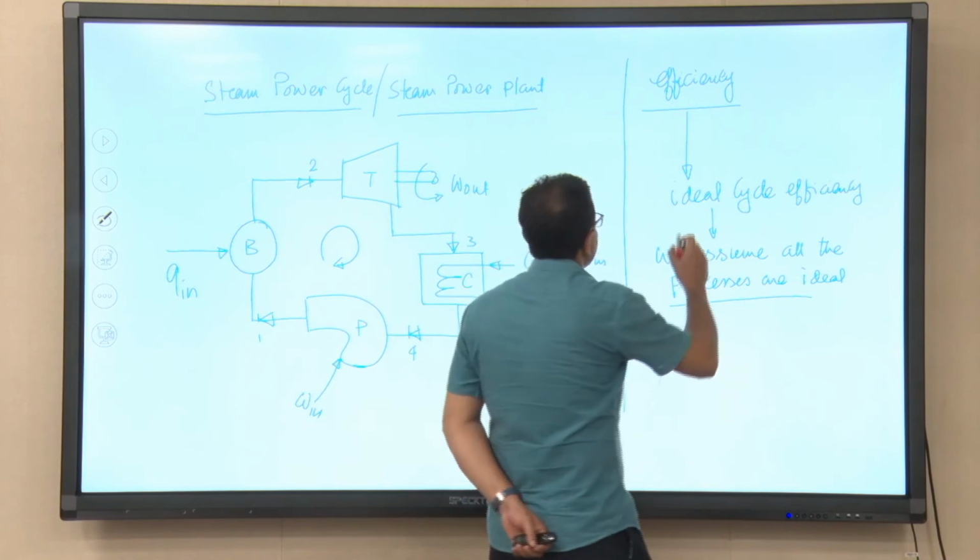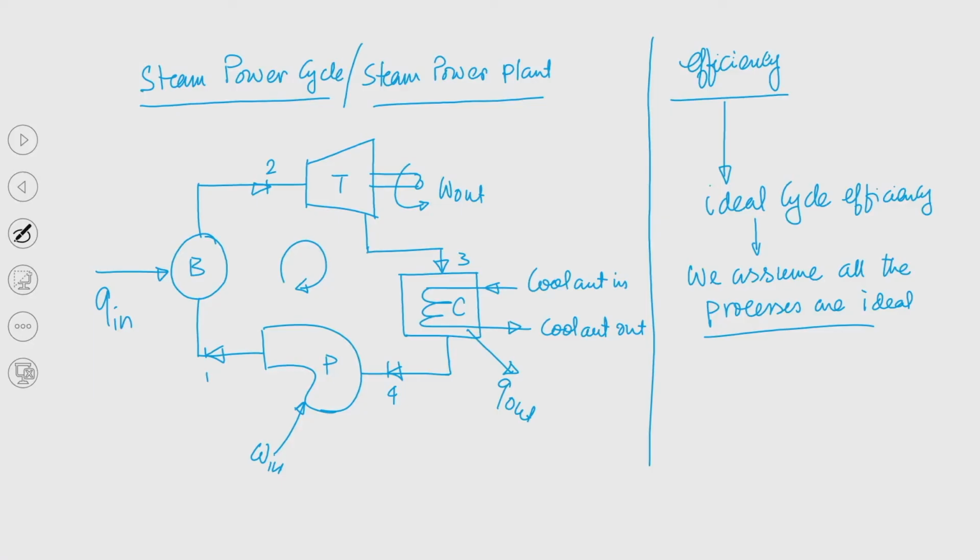So, another efficiency is known as the actual cycle efficiency.